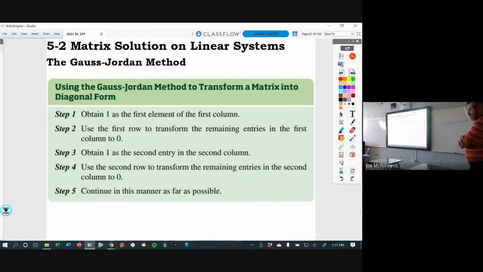Step number 3. Make the second element in row 2 a 1. Step number 4. Use that row to make the second element of every other row a 0.